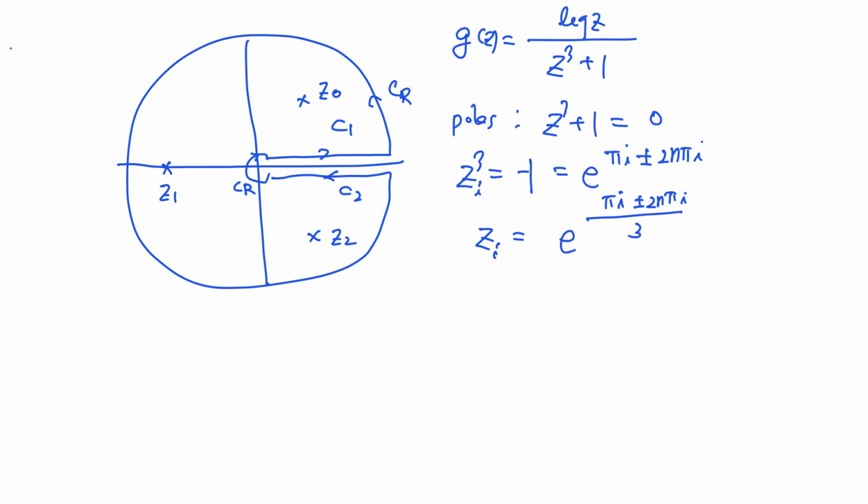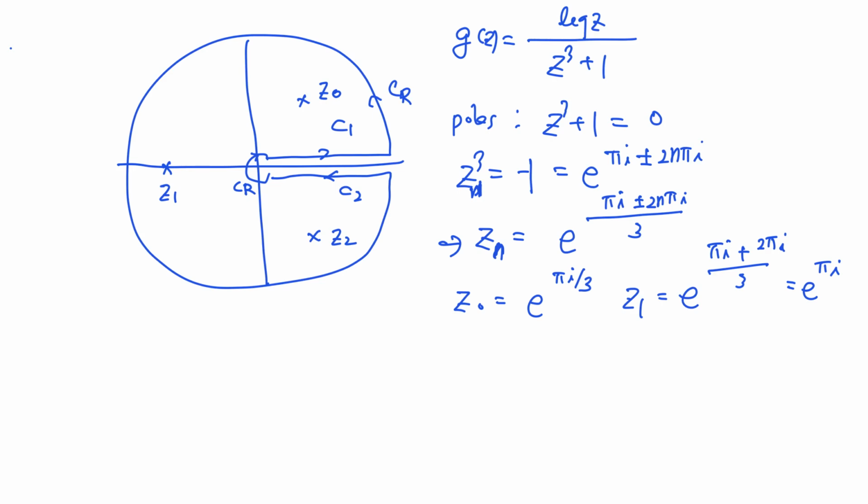So z0 is exponential i pi over 3. z1, with n equal to 1, let's say zn. z1 is exponential i pi over 3 plus 2 pi i over 3, which is exponential i pi, right?